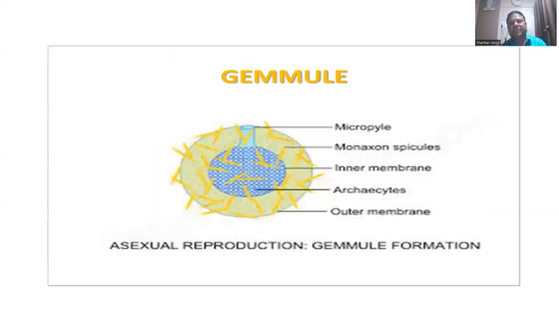Next point: see the gemmule formation, asexual reproduction by gemmule formation. See the diagram carefully, you will get a little spherical structure.